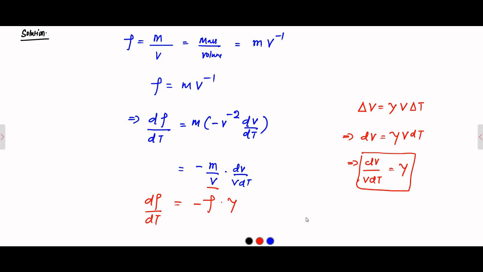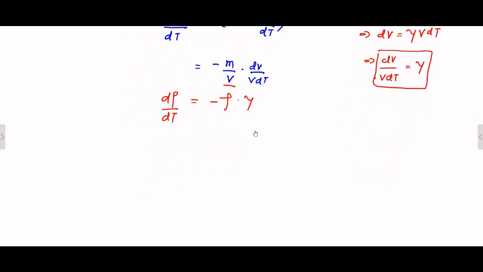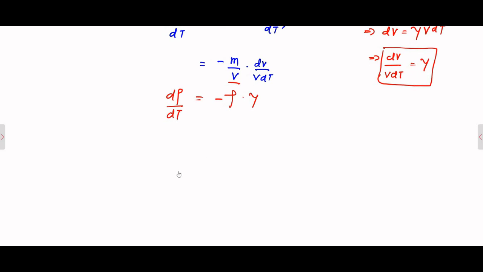That implies we can write it as gamma, the volume expansion coefficient, is equal to minus 1 by rho d rho by dT.